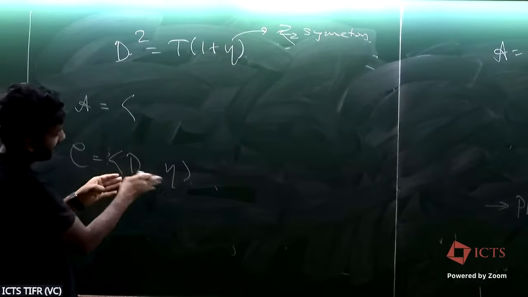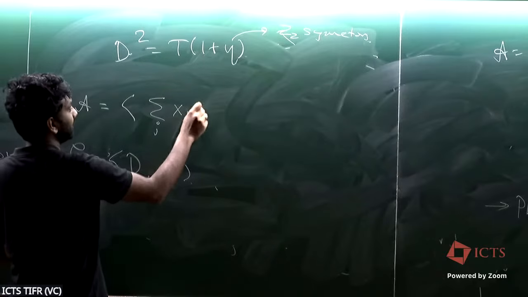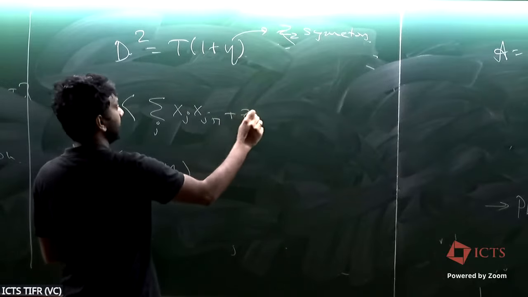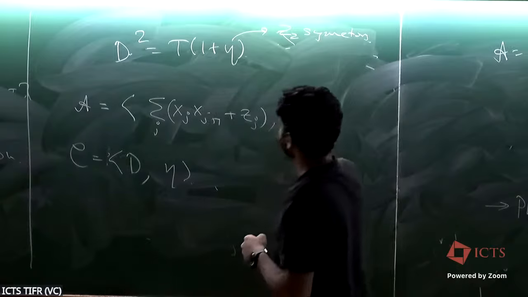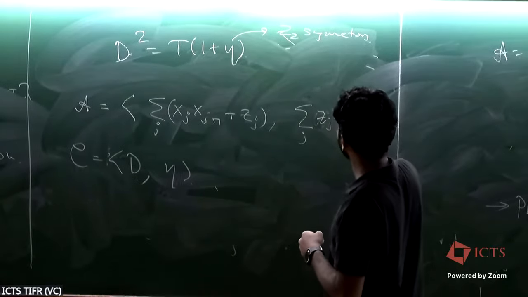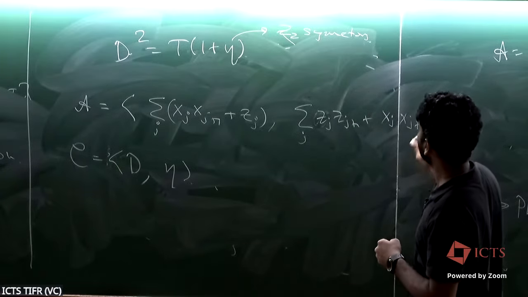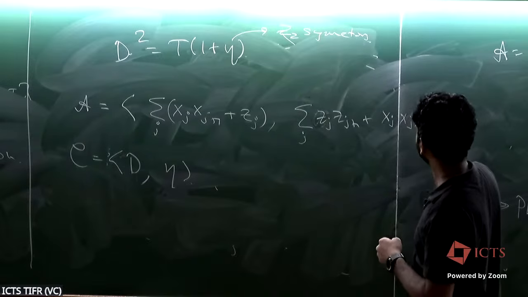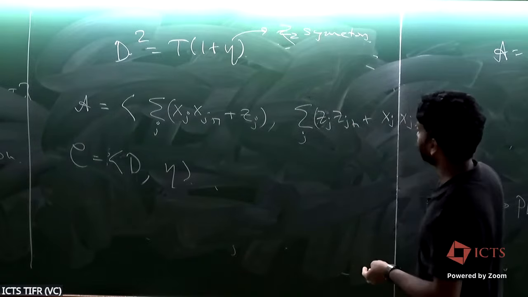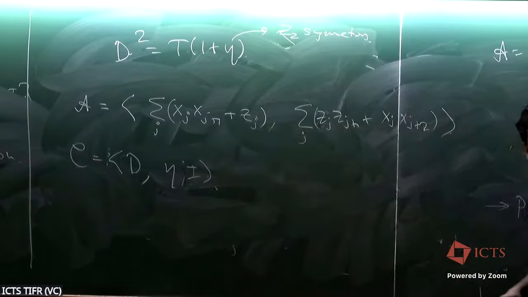But if I have D and eta, I can define families of Hamiltonians of this form, which is just this, and then also Z_{j+1} plus X_{j+1}X_{j+2}. And there's probably something else which I need to, there's also inversion here, but I can get rid of the inversion in some way.